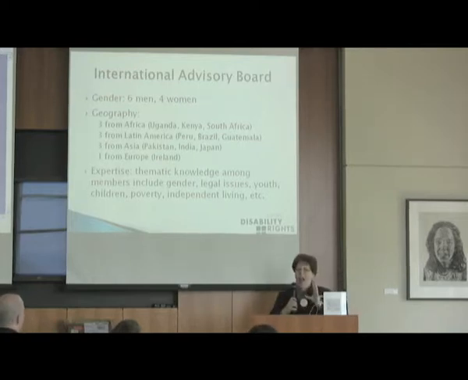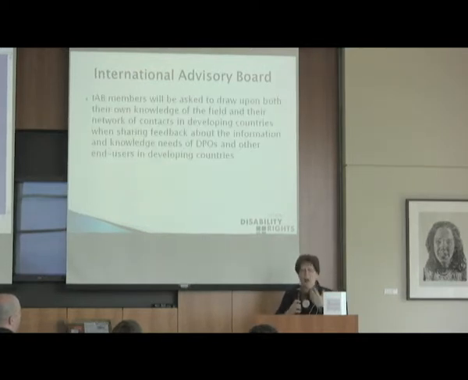They all have a range of experience in different areas: gender, children, women, legal issues, poverty, and living. When we gather feedback from the advisory board members, we'll be asking them to draw upon not only their own knowledge of the field, but also the network of contacts that are out there in the developing countries.